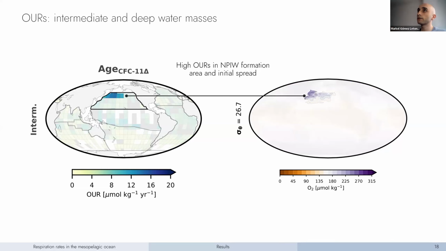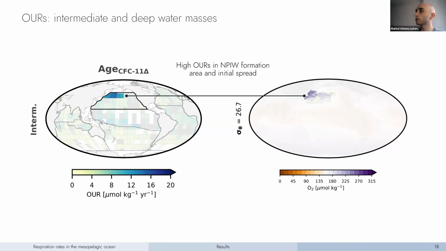So it's this formation area, or the region close to it, in which the bacteria in this water mass have available a high amount of labile carbon, and hence what we think is that this explains the high rates of respiration that we observe and that I highlight here.